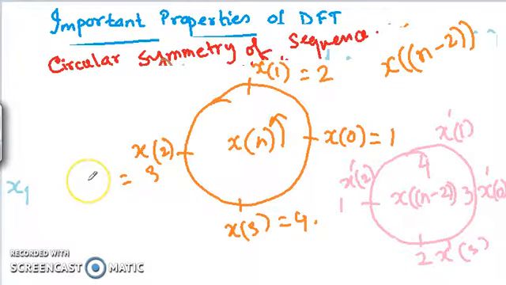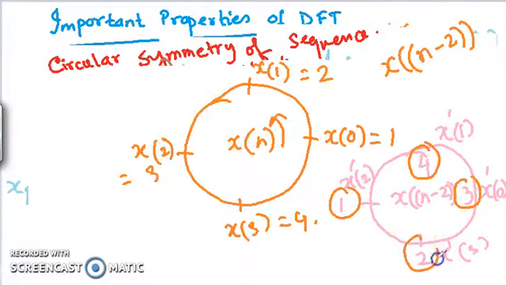The sequence we got when shifting the linear sequence was 3, 4, 1, 2. Here also we get x0 as 3, x1 as 4, then 1 and 2. So this is the utility of circular symmetry when we shift.